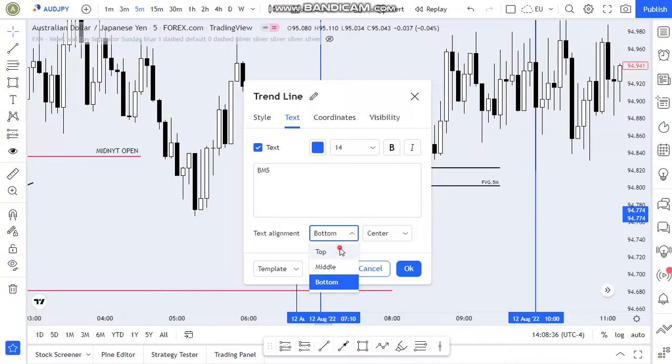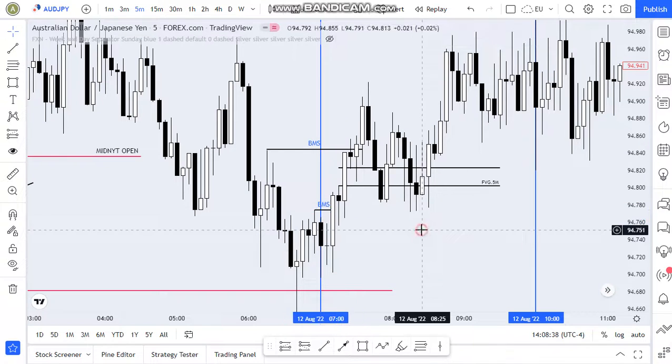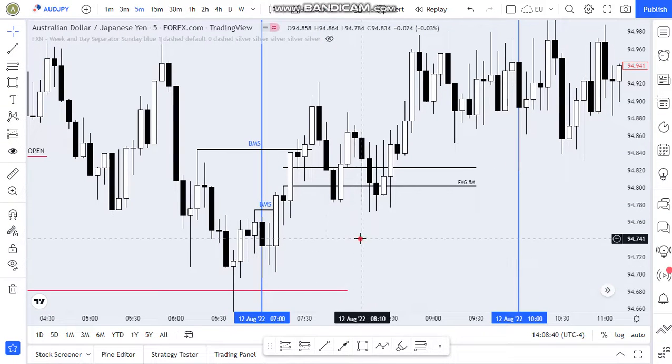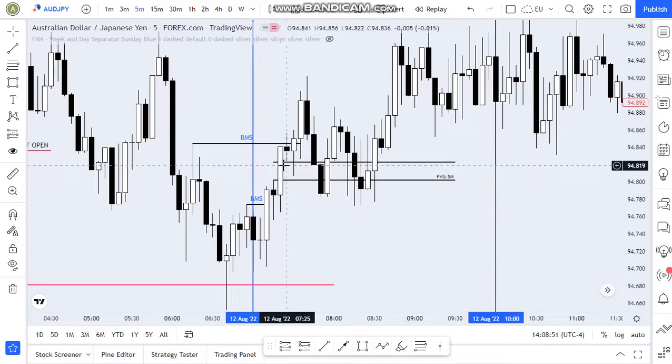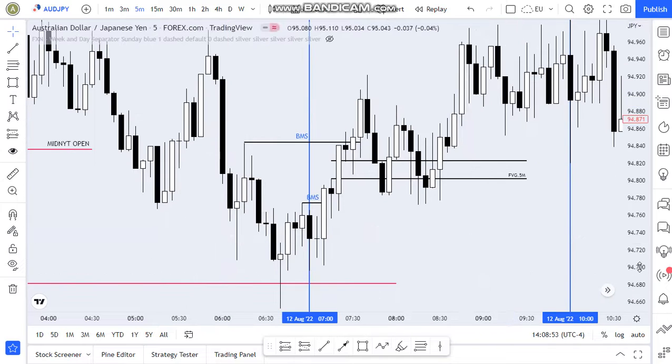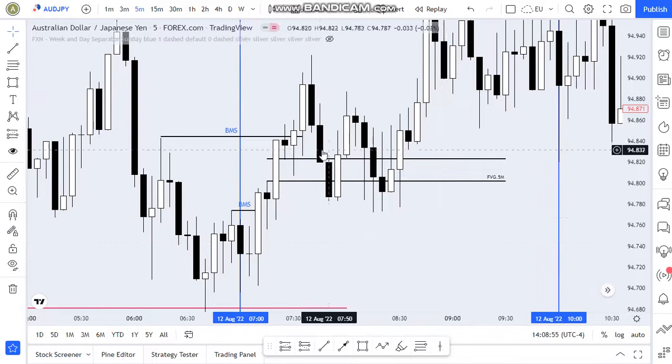Very nice and good. As we break structure, we then mark our fair value gap within this leg. Within this leg, you can see that we don't have any fair value gap except here. So you mark your fair value gap, and that's this indecision candle's low to this candle's high, and within this is your gap.